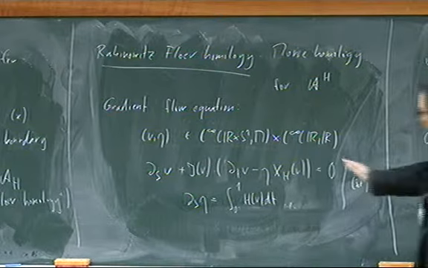This depends on this energy hypersurface and on M. Rabinowitz Floer homology relates to a bound, or to the compactness of this equation star star, and this relates to a bound on eta along solutions star star.